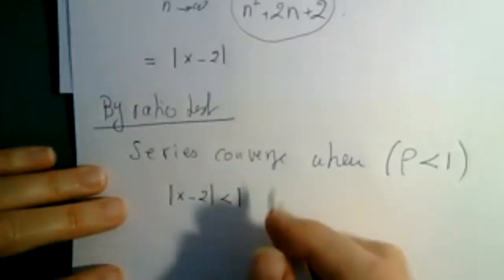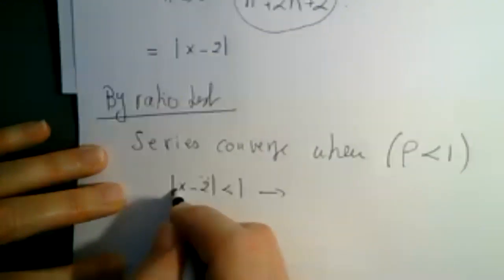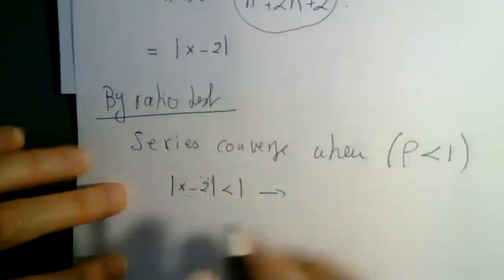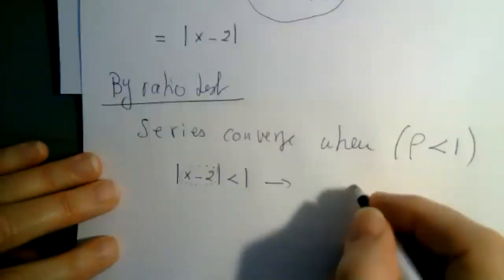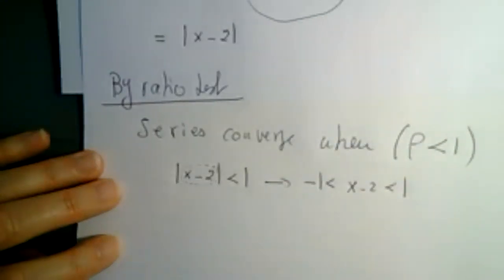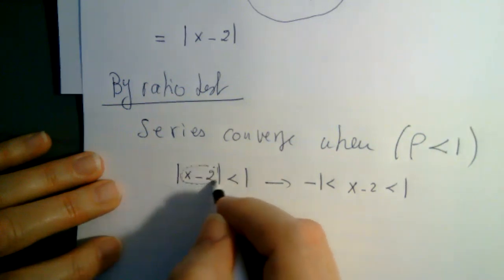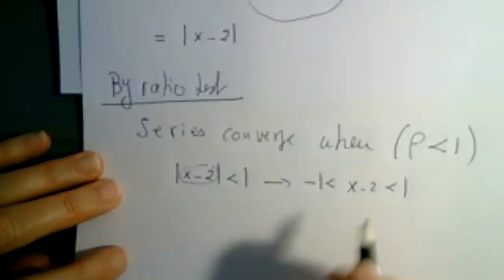What does this mean? It means where is x? The quantity between the absolute values, x minus 2, has to be between minus 1 and 1. Now I solve for x.